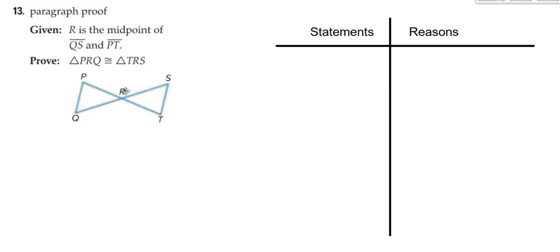If R is the midpoint, then this little piece and this little piece are the same. Likewise, PT, R is the midpoint of PT, so this little piece and that little piece are the same. If you haven't already, mark those. Segment QR is congruent to segment RS. Segment PR is congruent to segment RT.